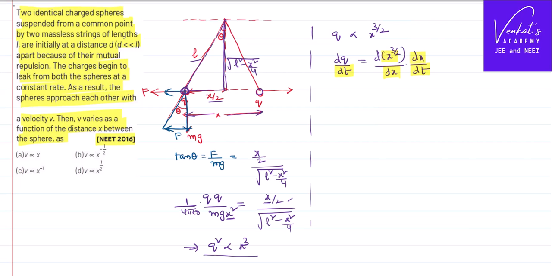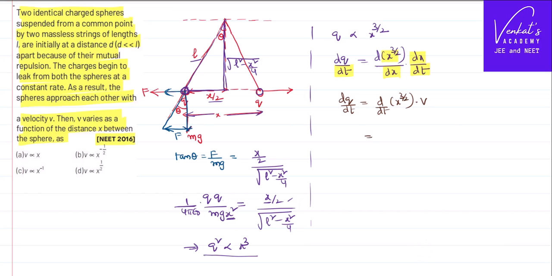So what we can say further is, rate of leak of charge dq by dt is d by dx of x power 3 by 2 times dx by dt. dx by dt is rate of change of displacement, that's nothing but velocity, right?